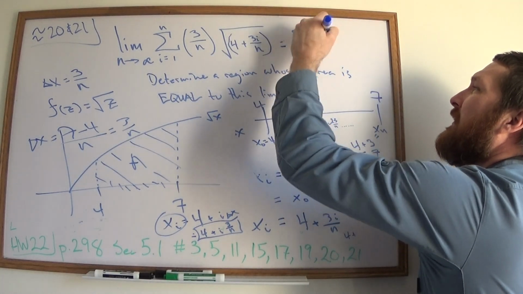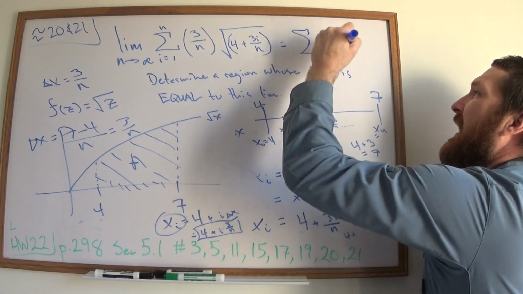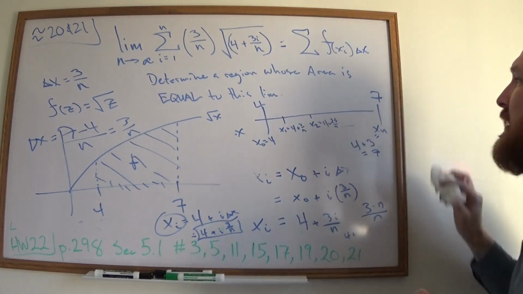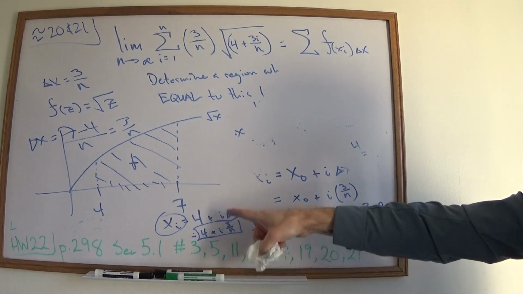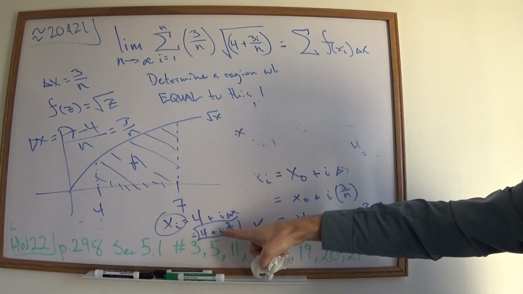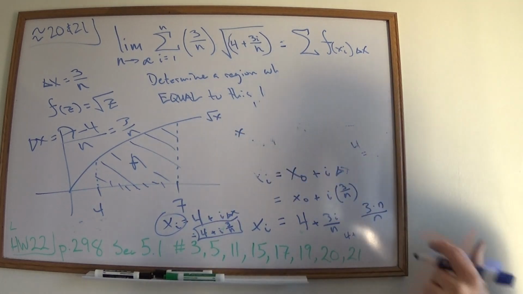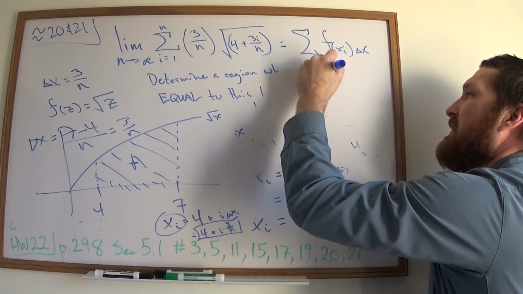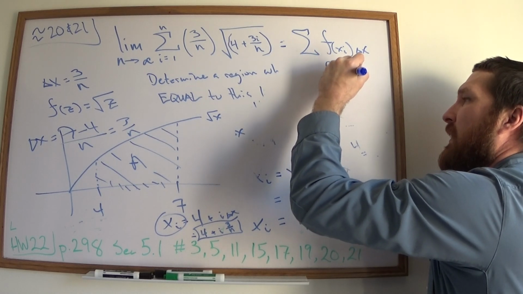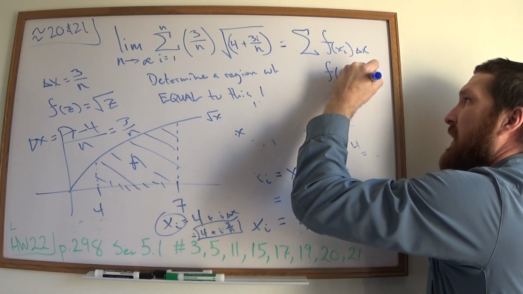We would have said f of xi times delta x, and if f of xi is this, I just plug my xi into here, and it would be the same thing as f of 4 plus 3i over n.